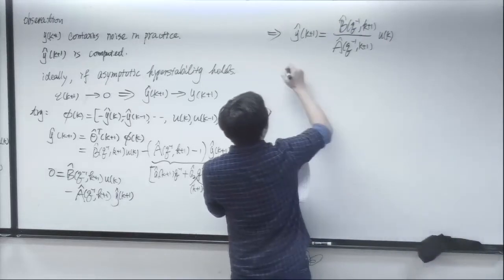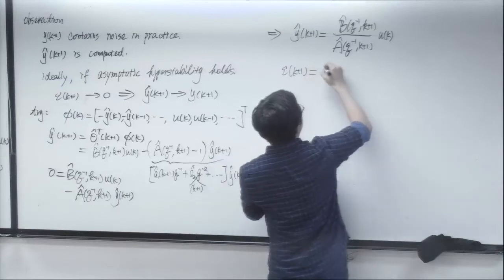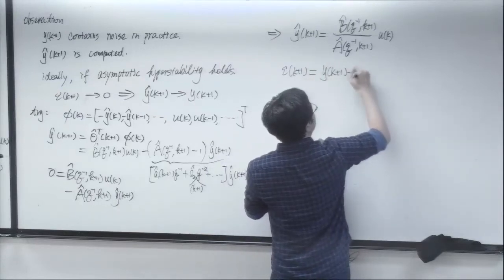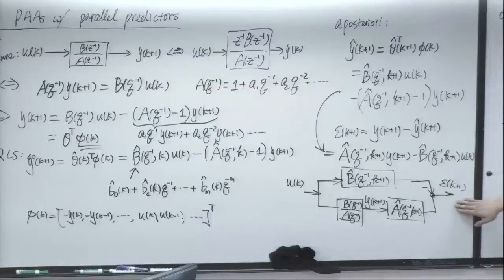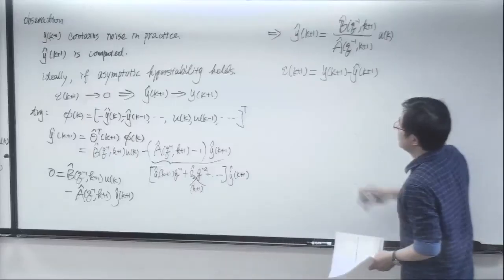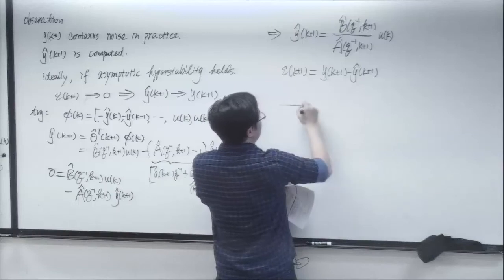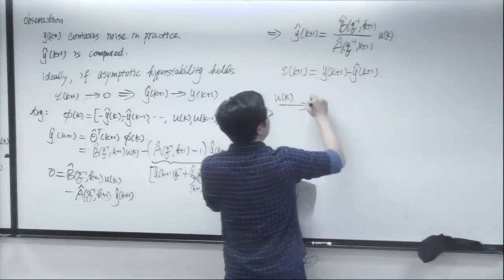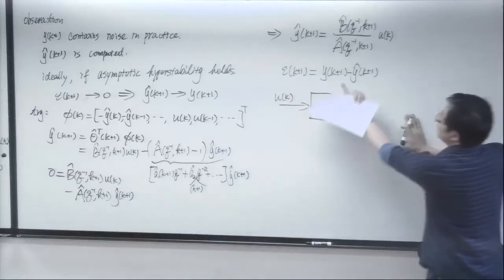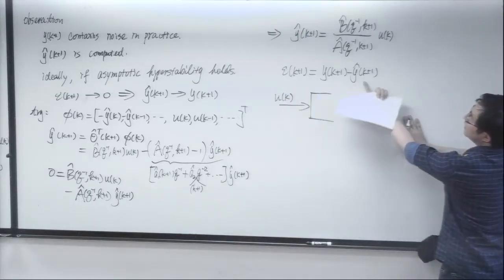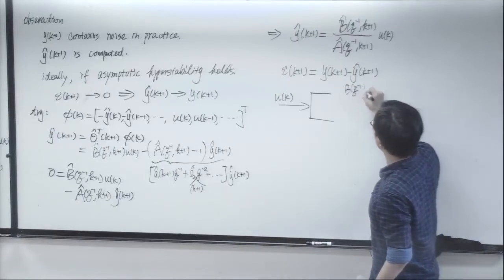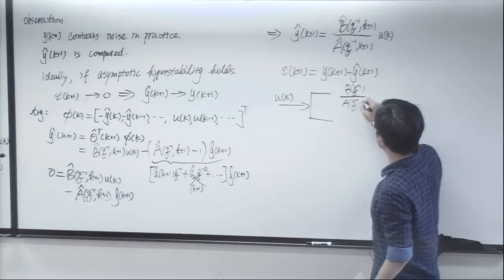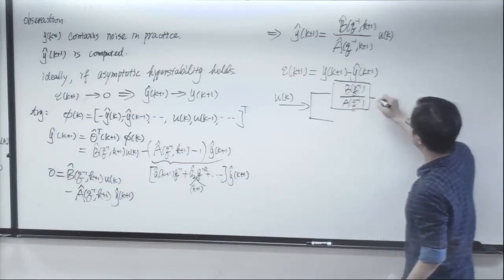Let's move one step further. Now, the a posteriori prediction. We have done a block diagram before. This is for recursive least squares. Let's take a look at this new predictor structure. It is going to be equal to y k plus 1 minus y hat. And yk is B over A, this transfer operator.